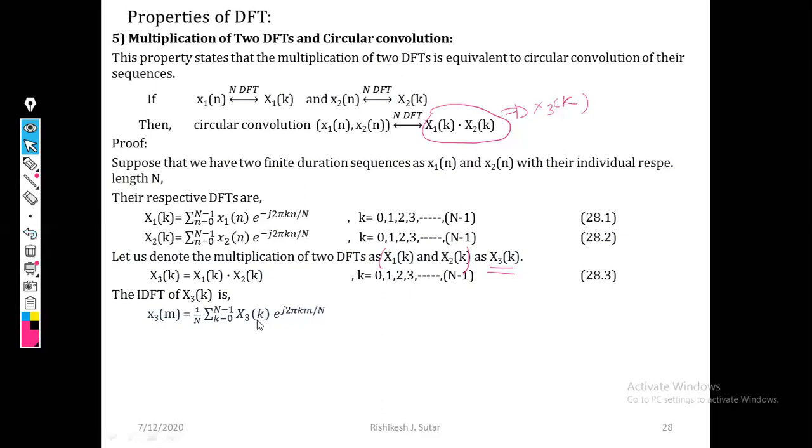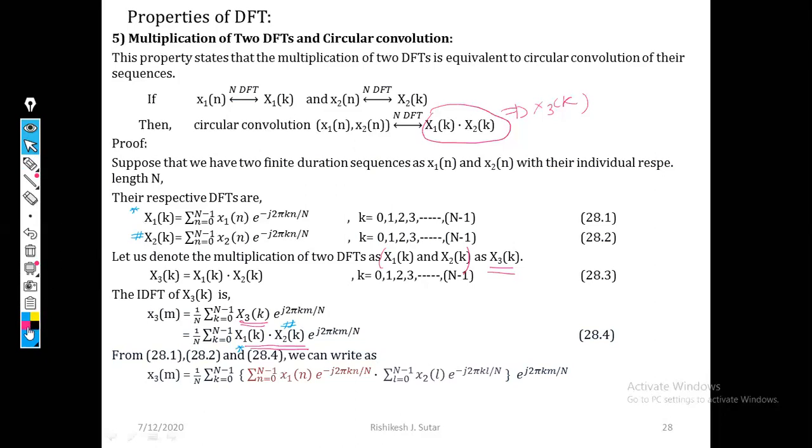Now I know that this x3 of k is equal to x1 of k into x2 of k. So I will replace x3 of k with x1 of k into x2 of k. You can put the value of x1 of k from this expression, and I will put the value of x2 of k from this expression.